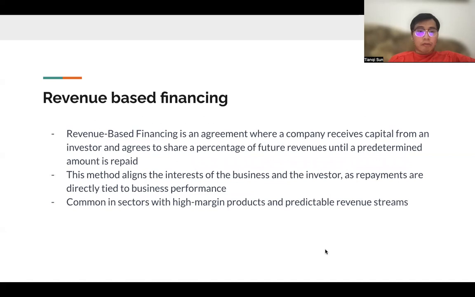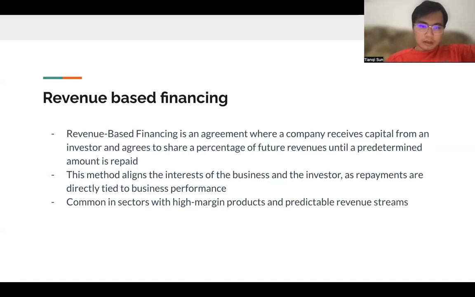And next, we're going to talk about revenue-based financing. It is an agreement where a company receives capital from an investor and agrees to share a percentage of future revenue until it's paid off. For example, if I give you $100,000 to start a business, and some company might say, oh, I make $20,000 a month, I'll give you $10,000 a month for 11 months, to total up to, for example, $111,000.